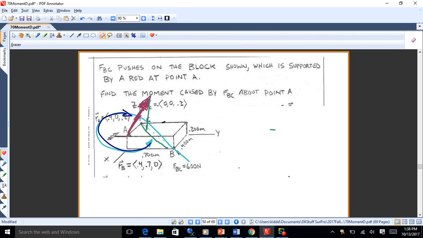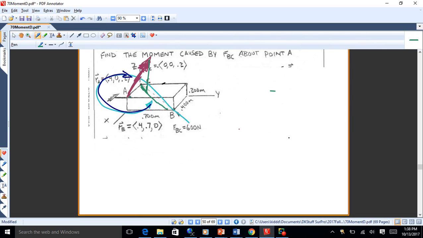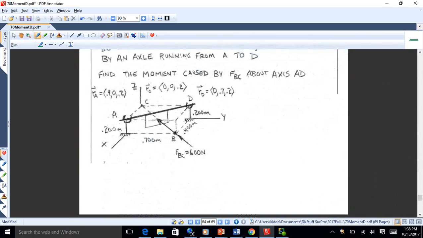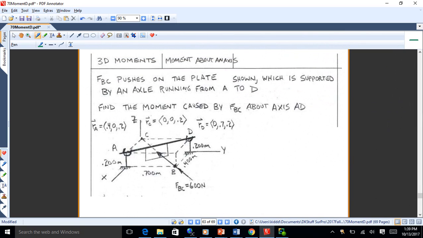So I've got this kind of messed up right now. I think I've got a better sketch of this, so why don't I just go there. Okay, so the next page of your notes, which I think would be 320, let's see if we can find the moment of that vector about this axis here.